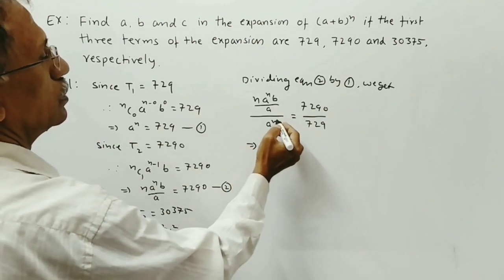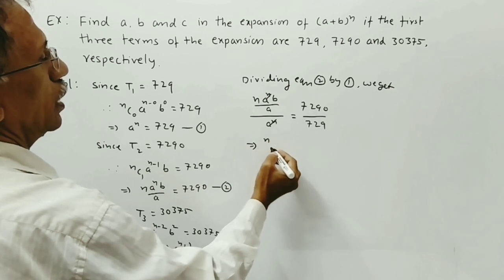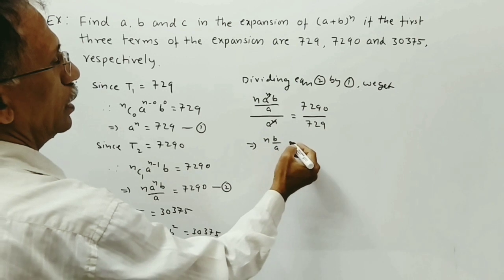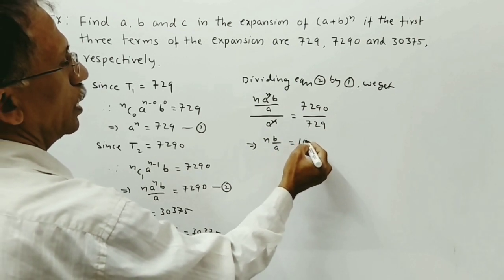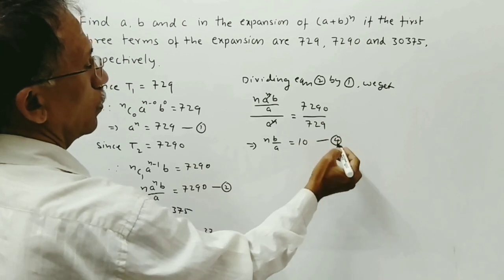This implies n into B by A is equal to 10. Say number 4.